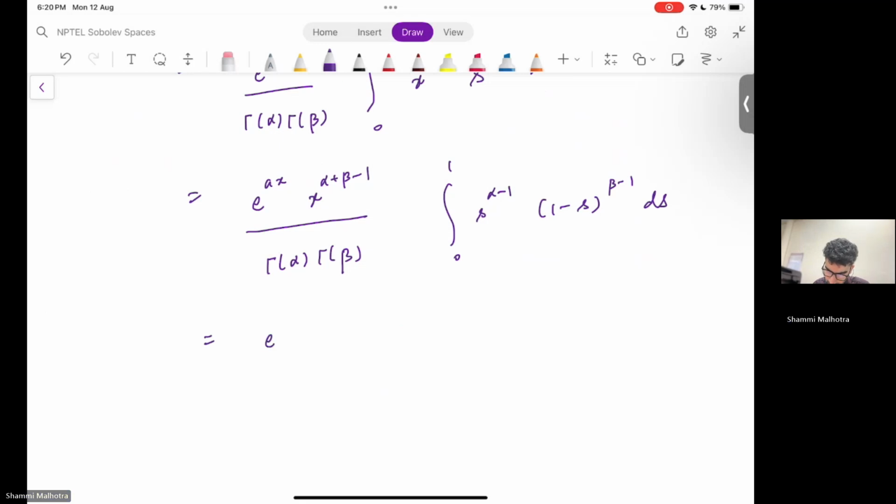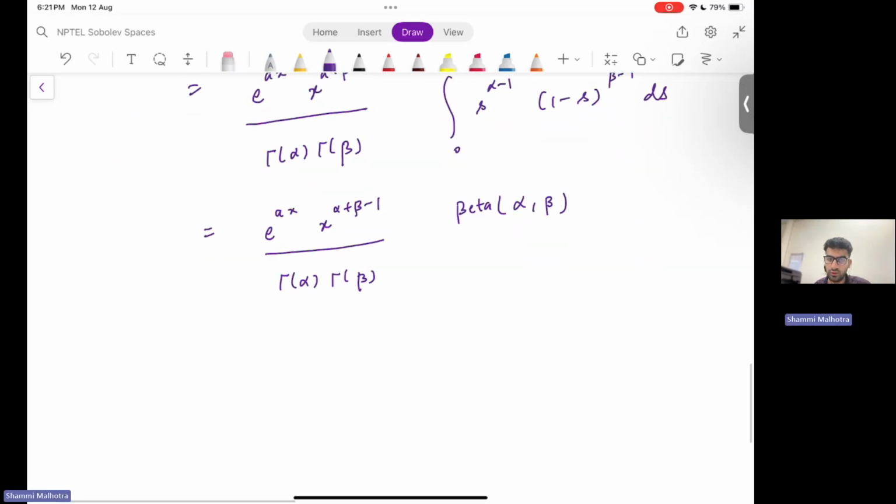So e^(ax) x^(alpha plus beta minus 1) over gamma alpha gamma beta, and this is nothing but beta of alpha comma beta. This is basically the beta function.